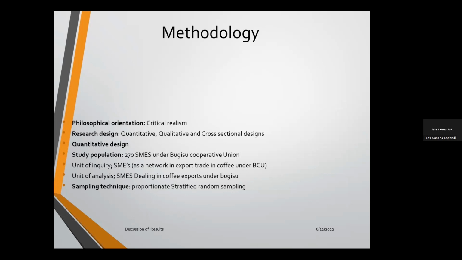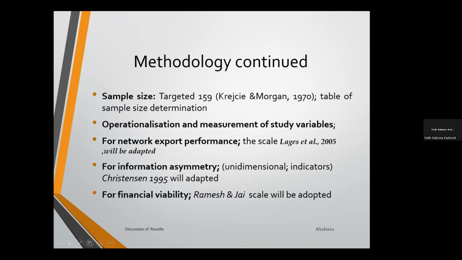My unit of analysis will be SMEs dealing in coffee exports. I intend to use proportionate stratified random sampling. My sample size is 159, according to Krejcie and Morgan's 1970 table of sample size determination.